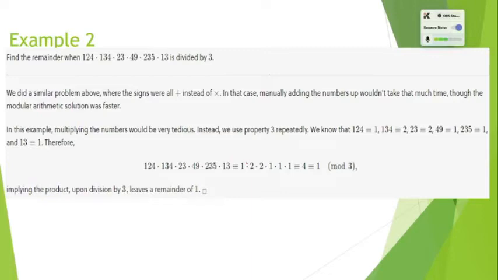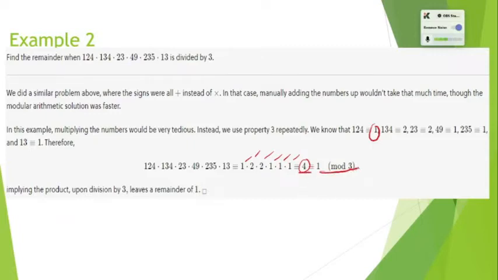Pagkakuha natin sa mga remainders niya, all we need to do is multiply this, ito, kumbaga yung modulus nila or modulo. So, 1 times 2 times 2, it's 4, times 1 times 1, it's 4 pa rin. Then, the result would be 4.